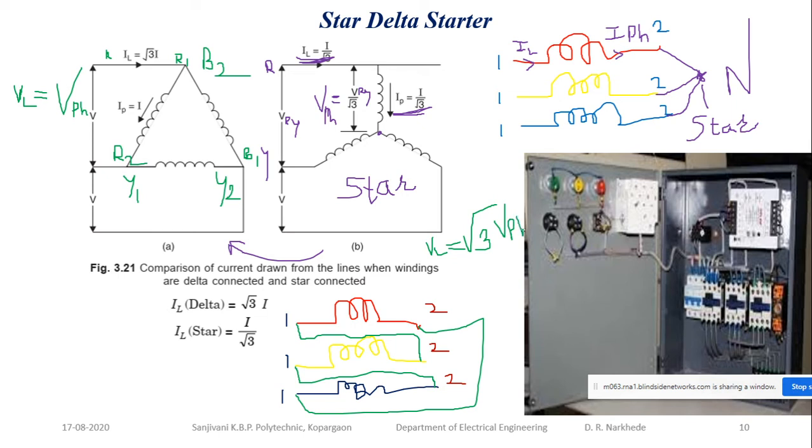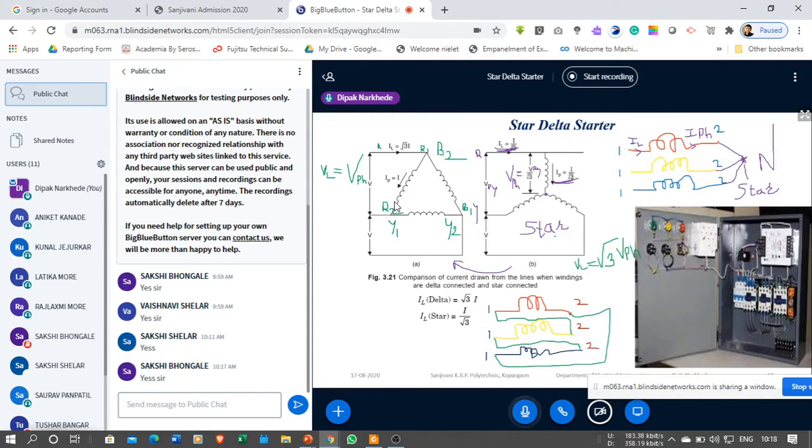And in terms of current, for star connection my IL is equal to IPH, my line current is equal to phase current, and for delta, my line current is equal to root 3 times phase current. So initially I require more current to set up the magnetic field, so I need to connect the motor in star in the beginning. Then I have to switch to delta.